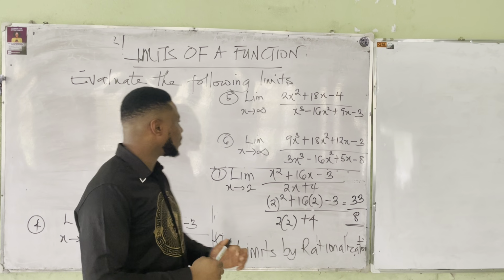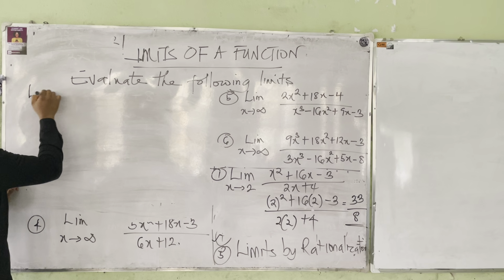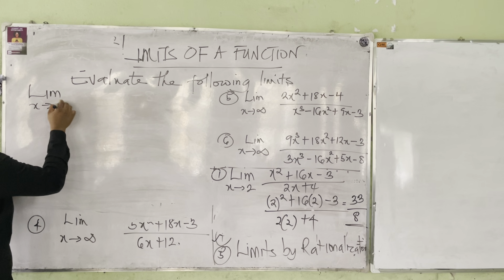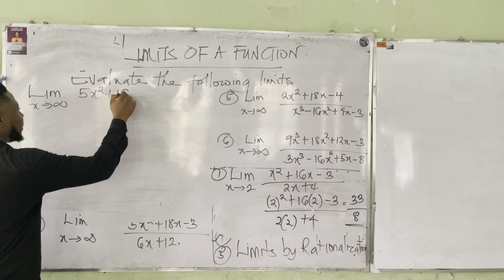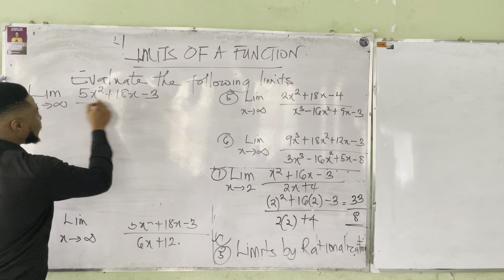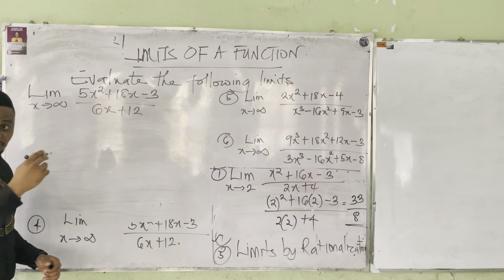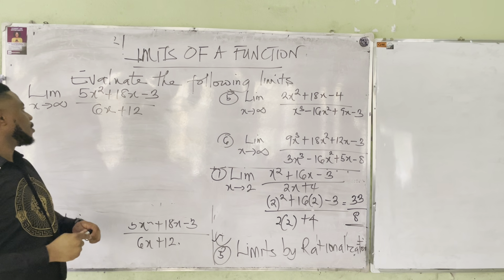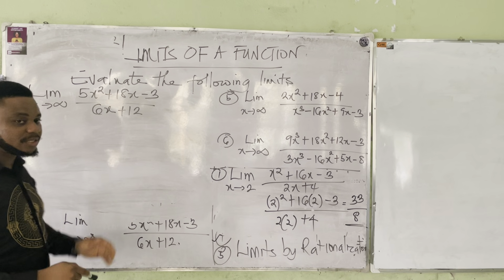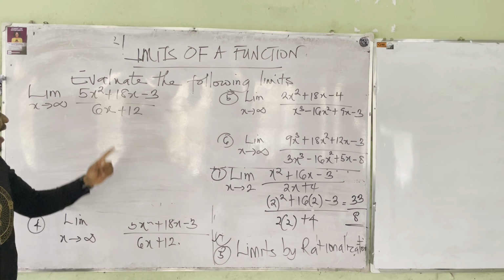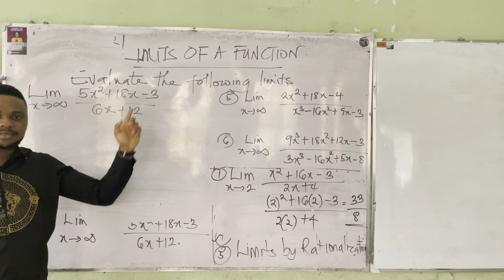Now look at what I mean. Let's look at number 4. Number 4 is the limit as x tends to infinity of 5x squared plus 18x minus 3, divided by 6x plus 12. I'll give you the shortcut for this. If you look at this particular limit, you realize that we have x squared and we have just x, right?